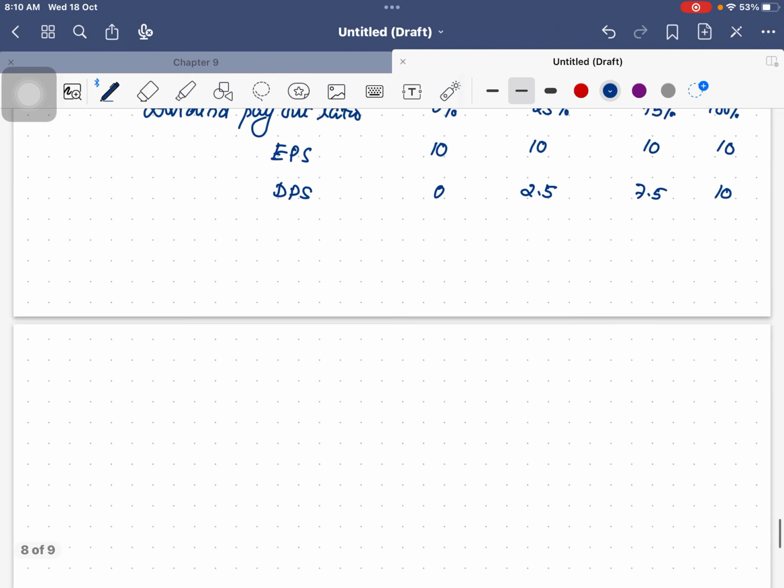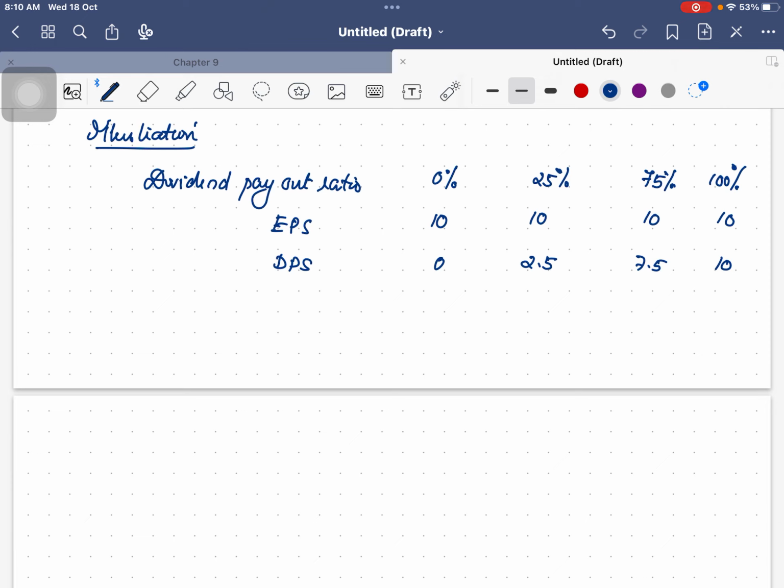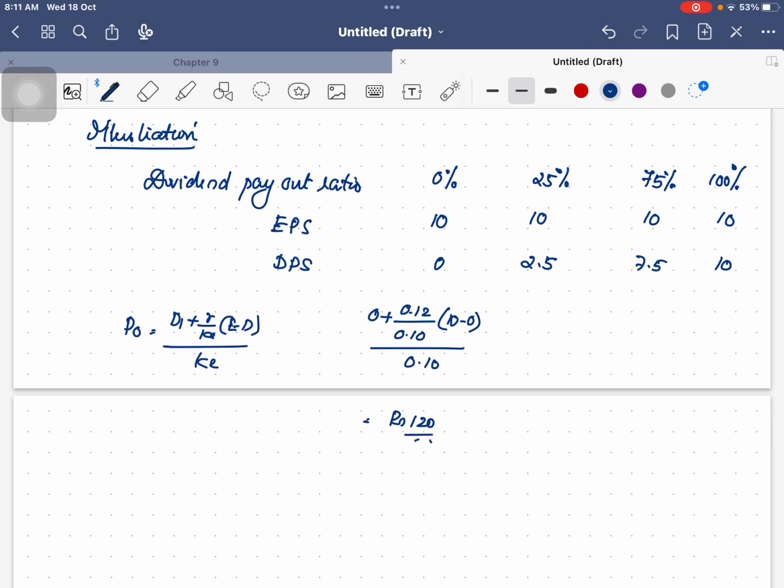Value of the firm: P0 is equal to D1 plus R by KE, E minus D, divided by KE. The first one: D1 is 0, R is 0.12 divided by 0.10, E minus D, 10 minus 0, divided by 0.10. We have already computed it to be 120. Next, 2.5 is the dividend D1.